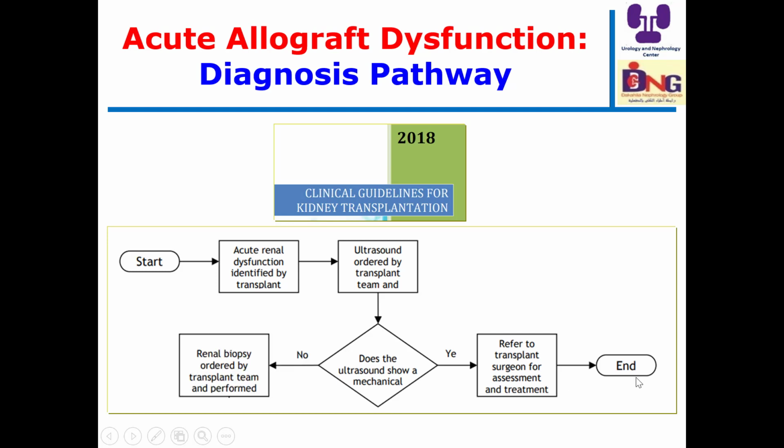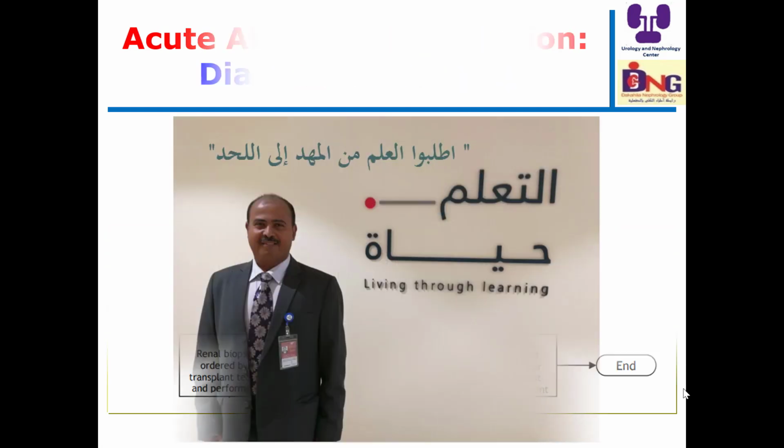If no, renal biopsy is ordered by the transplant team and performed. If it is rejection, we deal with rejection. If calcineurin inhibitor toxicity, we reduce the drug. If it is interstitial nephritis for any etiology, we can build our management according to the pathological diagnosis. And you remember that they would like to add calprotectin, but up to this moment, we cannot say it is a guideline. It's just a paper.